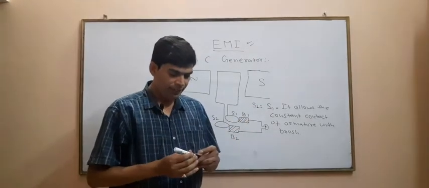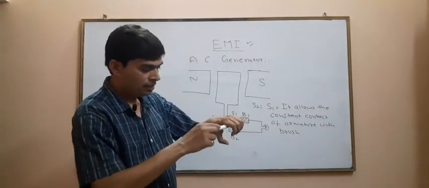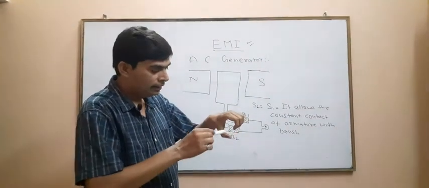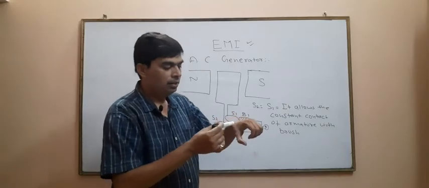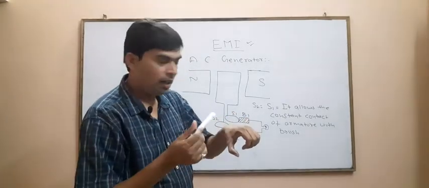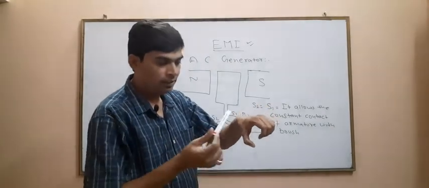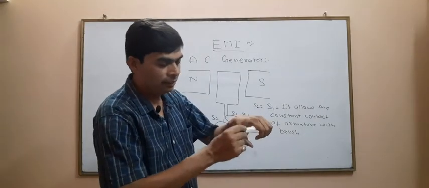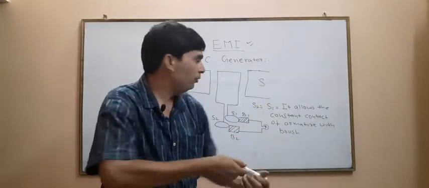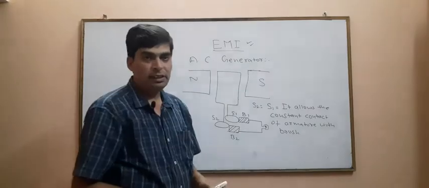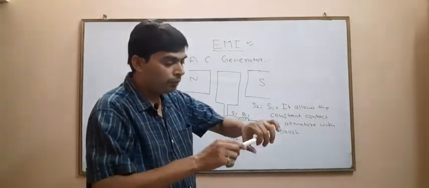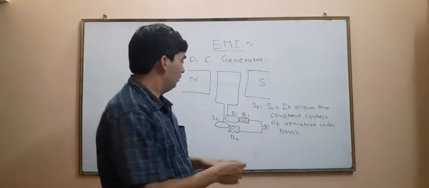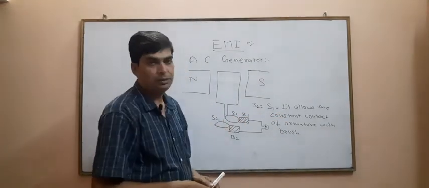Just like if this is the slip ring, then this rotates like this, so there is always a direct contact between the slip ring and the armature. If this contact were not there, then everything would be zigzag, and the entire circuit would get damaged. So the slip ring provides a direct contact between the brush and the armature.